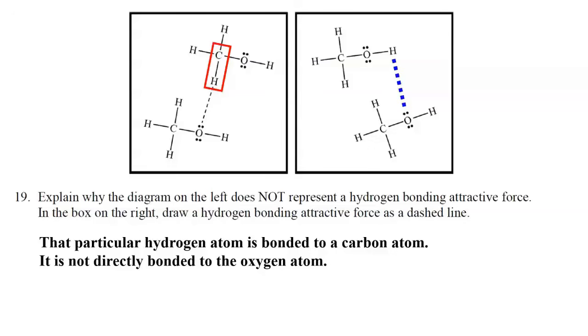Or you could have drawn your dashed line like this, where the hydrogen in the bottom molecule is directly bonded to oxygen, and it reaches out to form a connection with the oxygen on a nearby molecule. So either this or this would have been acceptable as your choices there.